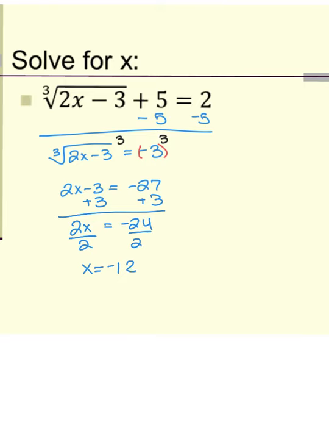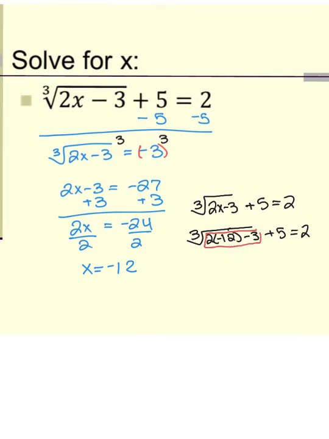Once again, I want to make sure that I check my answer in the original. So I'm going to write down the original question. I'm going to plug in my answer. If you want to cheat, you can type this in your calculator. And you will get negative 27.